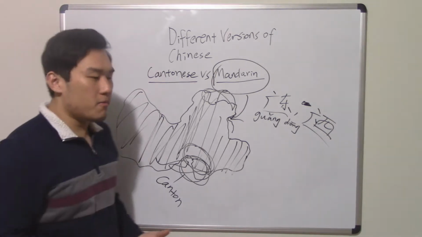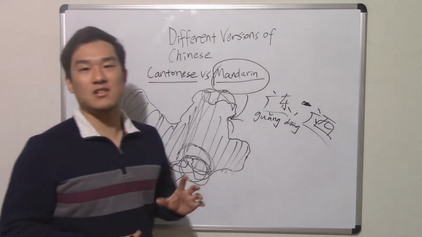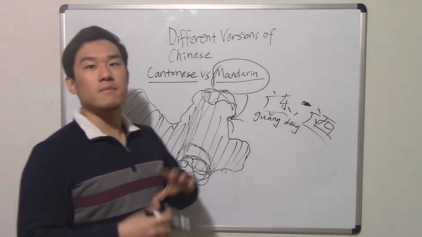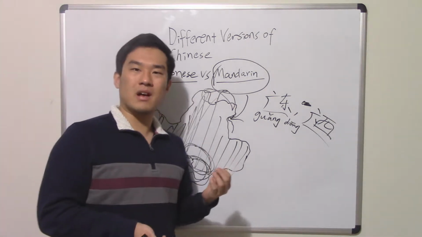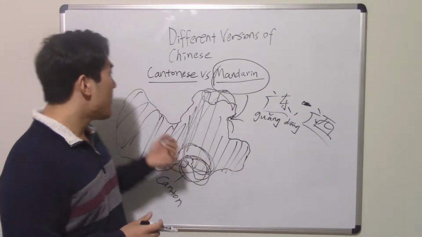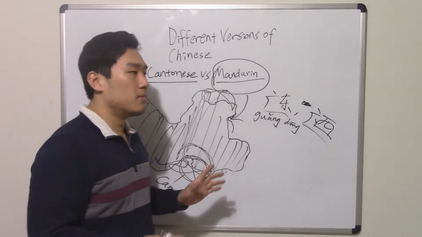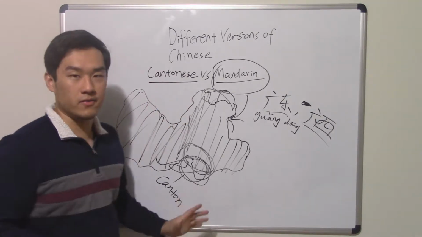So even though they're speaking Chinese, their accent and dialect have changed so much that it almost becomes its own pronunciation. There are still a few similarities between Cantonese and Mandarin, but overall they've changed a lot. That's how Cantonese became different.